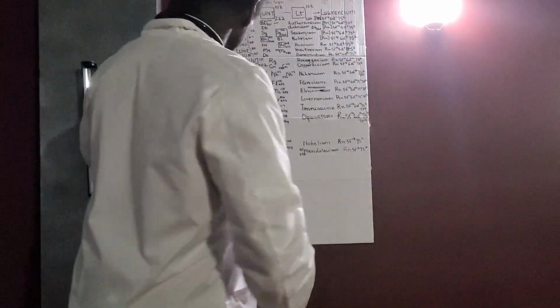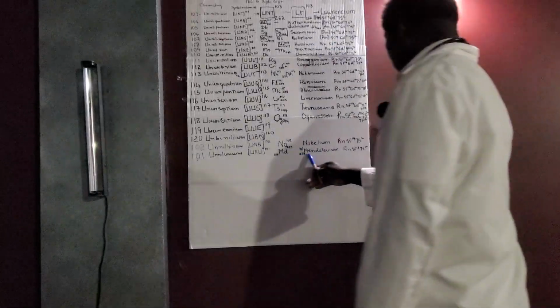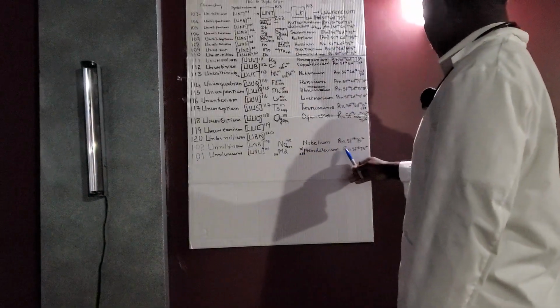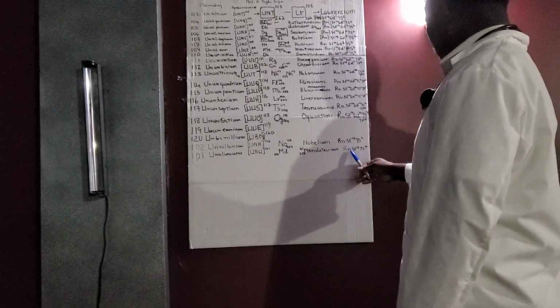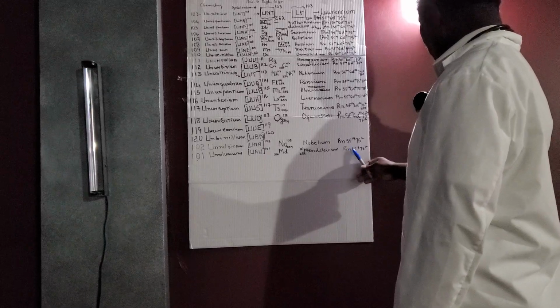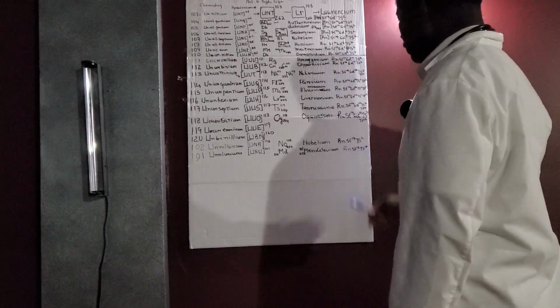If you look at, say, from 100, 101 was unnilunium, UNU 101, that is mendelevium, with electronic configuration of radon 5F13 7S2.